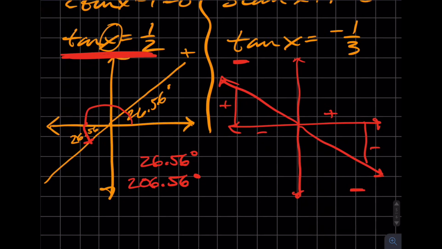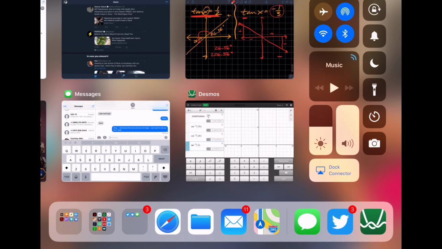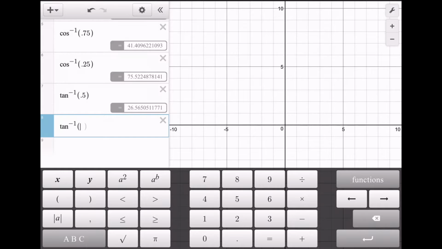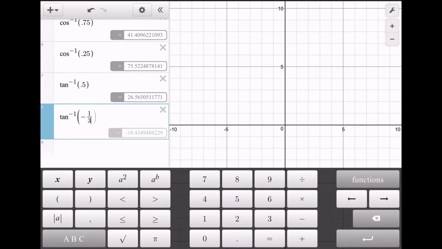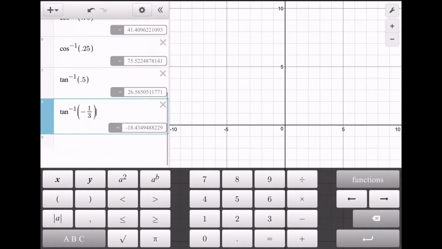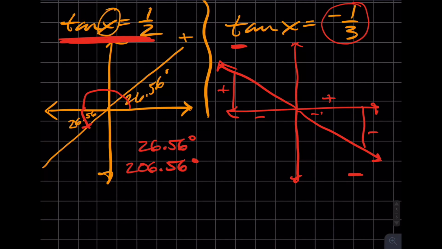And so I'm going to have to go to my calculator and substitute in negative 1/3. And so I'm going to take the inverse tangent of negative 1 divided by 3, close parentheses, and I get negative 18.43 degrees.